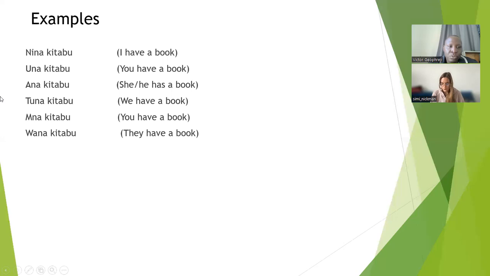Tu is the prefix standing for the pronoun we, and na, that's the verb to have. Mna kitabu, wana kitabu. Simple like that.